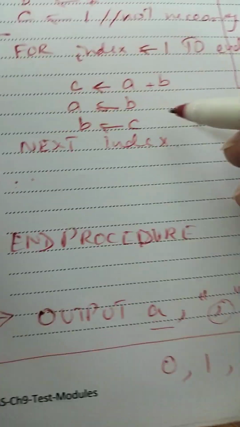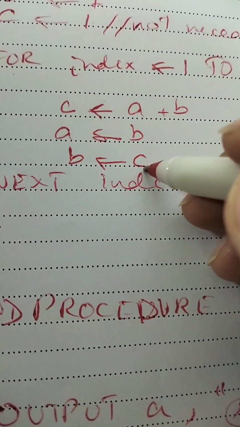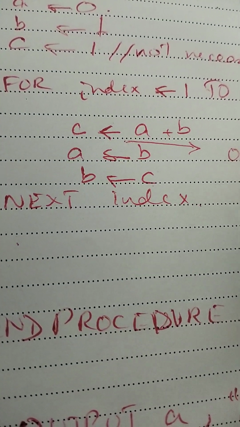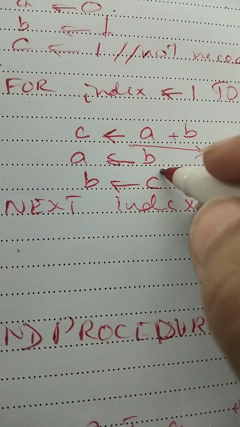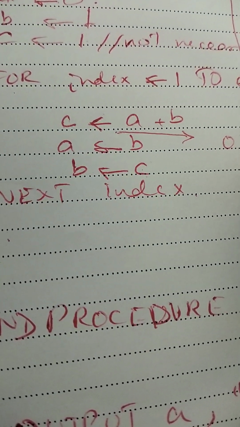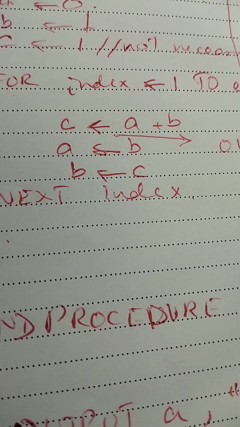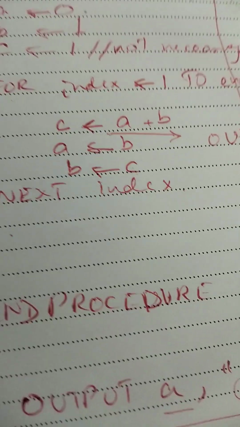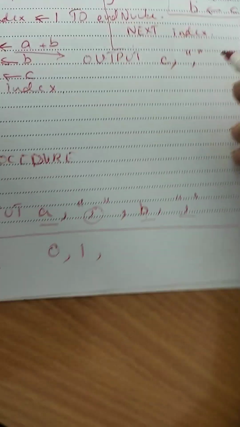Then inside the loop, before the assignment, we have to output C as well. Or we can have it outside the assignment as well, because the C value is not changing. So output C, comma. Now what is this going to do?